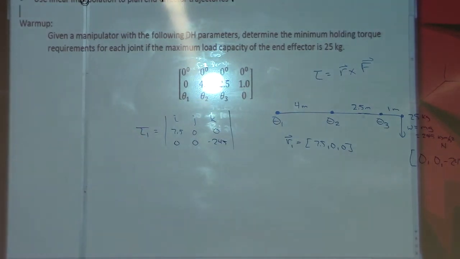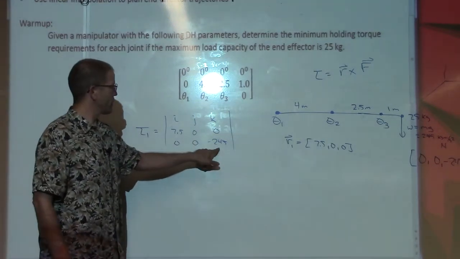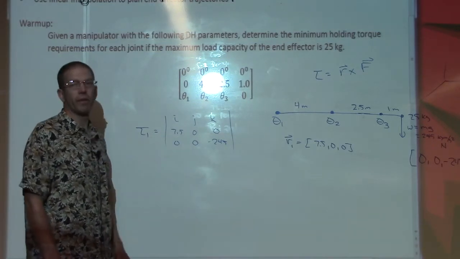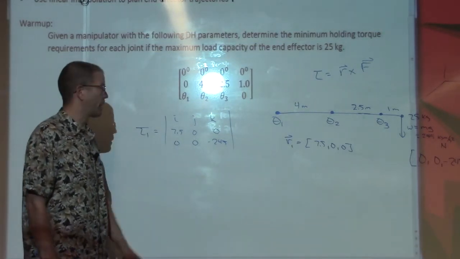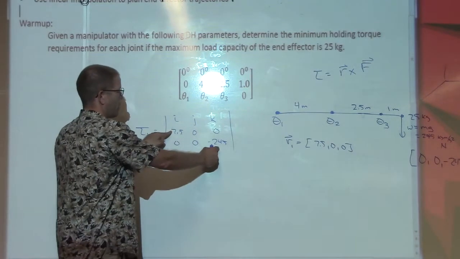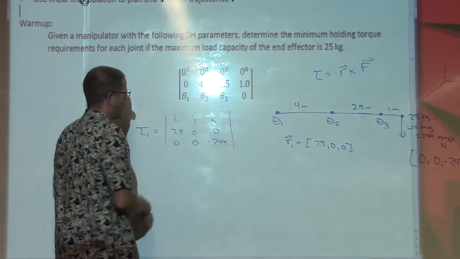And do we end up with any i component? No, because in this case we have a 0 minus a 0, so there's no i component. Is there a j component? Yeah, there is. So it's negative j times 7.5 times a negative 245.